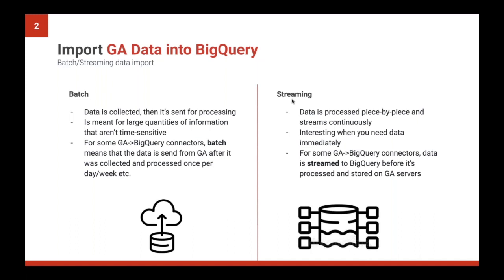It's just collected and sent once per period. When we talk about streaming, it means that whenever you have new data, it's streamed into your data warehouse. Streaming is an ongoing process. Whenever you have a new transaction, it's streamed to your data warehouse.